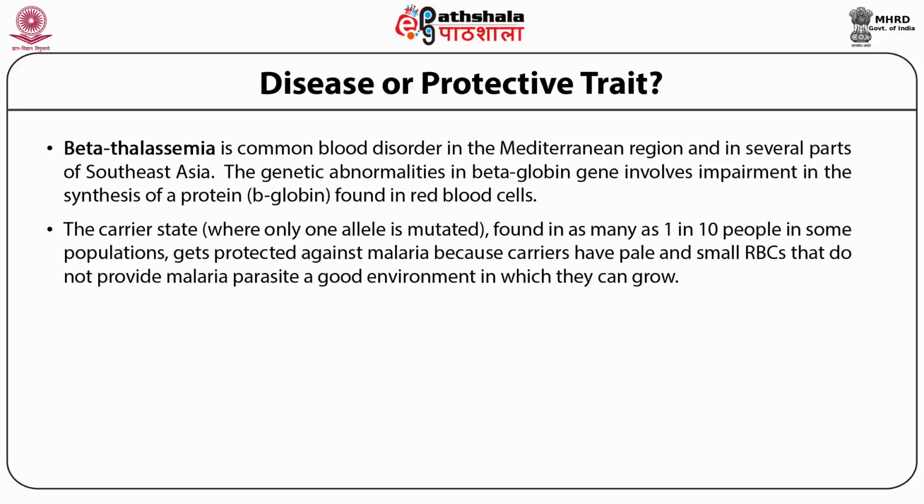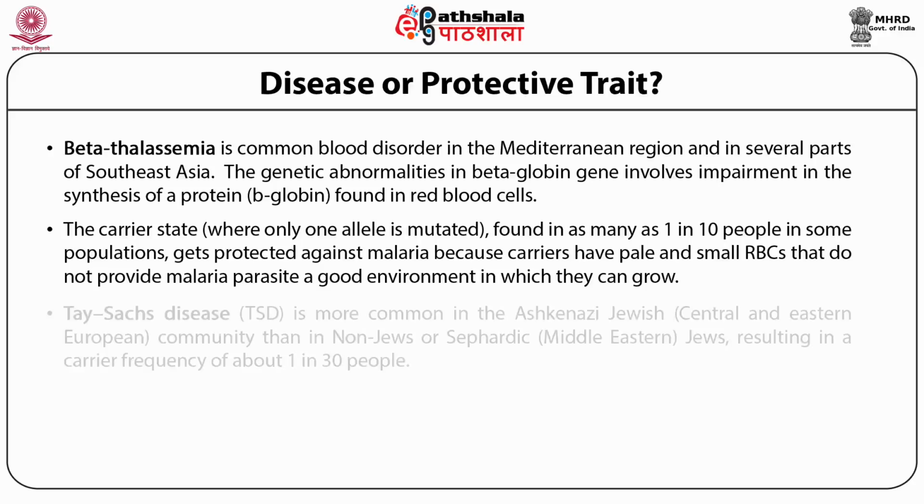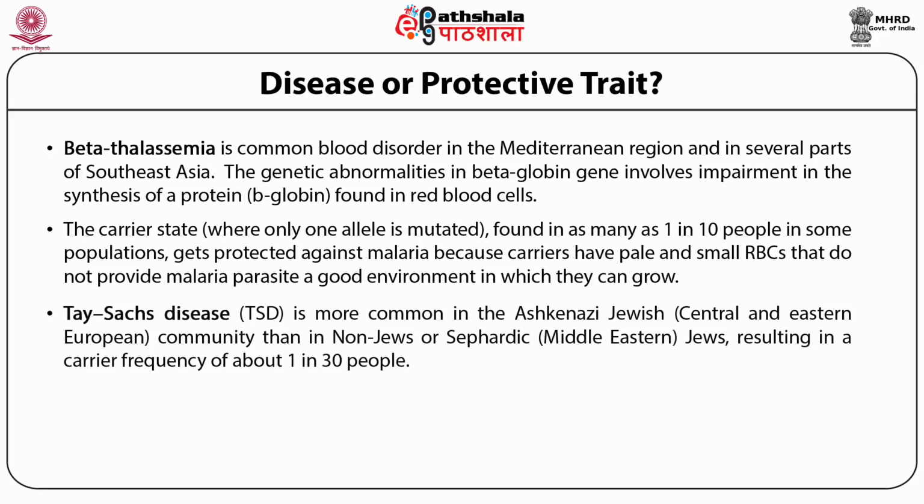1991. Then we have another example, Tay-Sachs disease, that is TSD. It is common in Central and Eastern European, basically in the Ashkenazi Jewish community, then from Middle Eastern, that is non-Jews or Sephardic Jews, which carry a frequency of approximately 1 in 30.